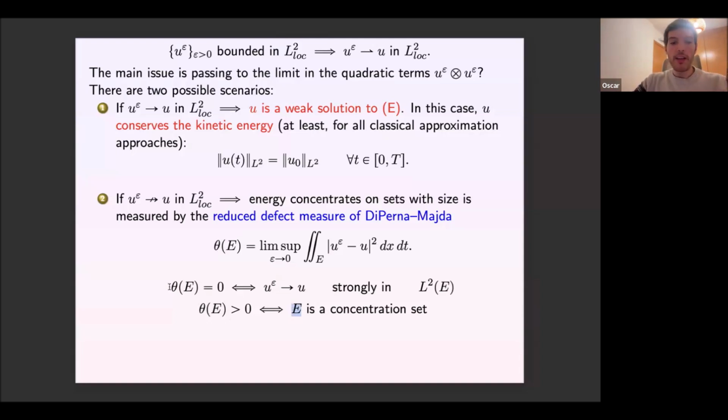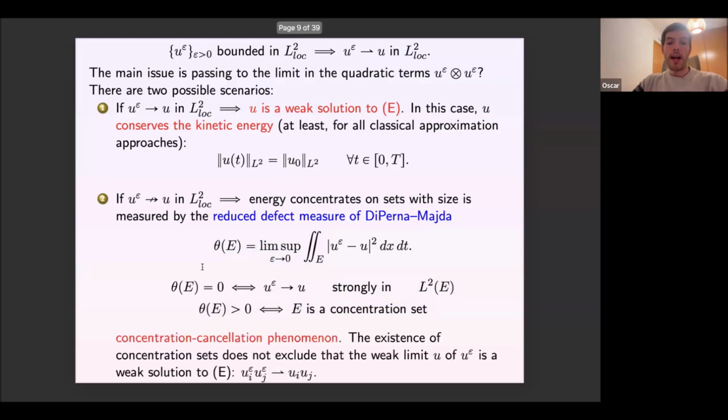On the other hand, if this function vanishes on E, then this is equivalent to saying that we are able to get a strong convergence of the approximating family to the weak limit in L2 restricted to this Borel set E. So in this case, we are in a very good scenario, okay? So it's very important to understand the behavior of the reduced defect measure.